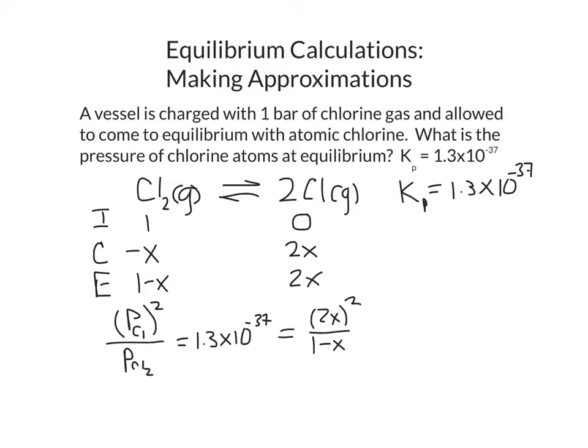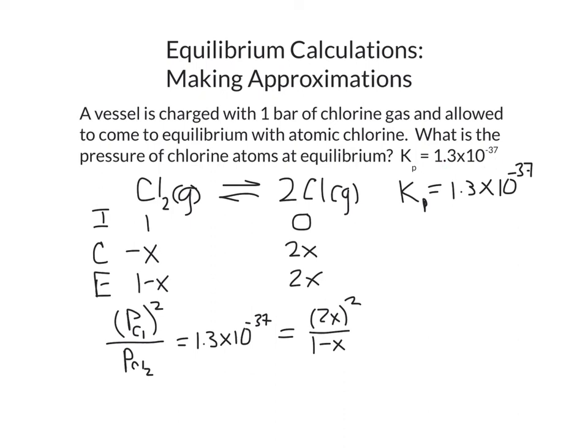Now, at this point, I'm going to think about whether I can make some approximations or not, because I recognize that I'm going to end up with a quadratic equation because of this 2X. And if I could avoid solving the quadratic expression, it would be really nice. So let's think carefully about what it means for an equilibrium constant to be this very, very small.